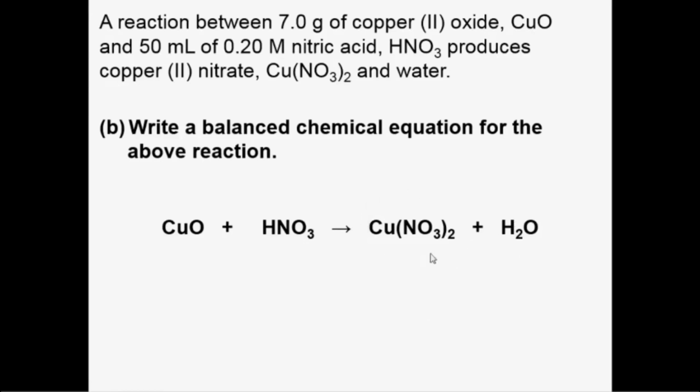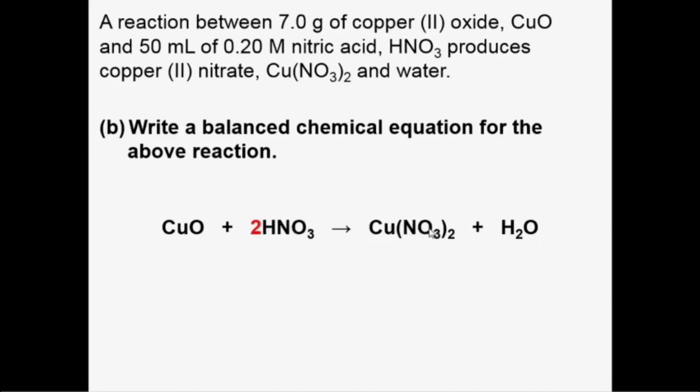In this case, copper 2 nitrate is the complex substance. There is 1 mole of copper here and 1 mole of copper here, balanced. And then nitrogen: there are 2 moles of nitrogen in copper 2 nitrate, but in nitric acid there is only 1 mole of nitrogen. So that's why we must multiply the moles of nitric acid by 2 to balance the number of moles of nitrogen.